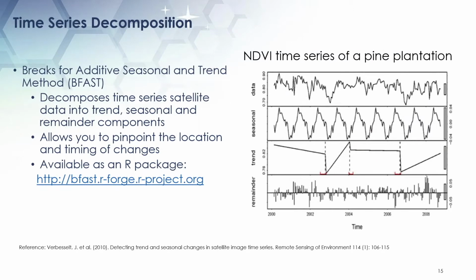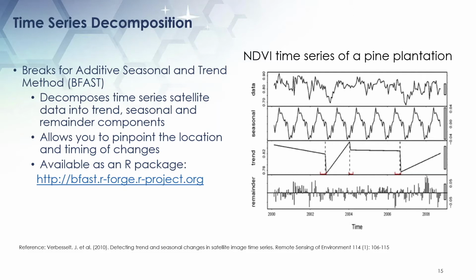Decomposition techniques are a bit more complicated, but they can be used to pull apart changes or variability in the imagery due to the effects of changes over multiple time periods. So for example, you might see a seasonal pattern in vegetation health in the summer compared to the winter. But there might also be a longer-term fluctuation associated with something like increases in precipitation due to the El Nino Southern Oscillation over a period of maybe 2 to 5 years.